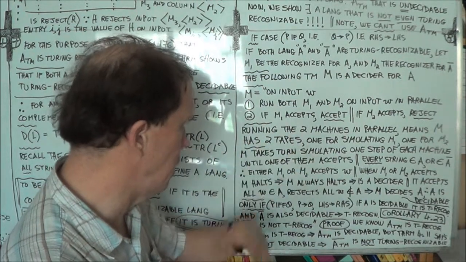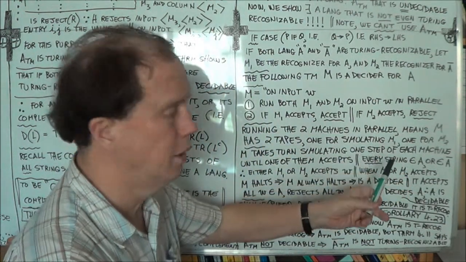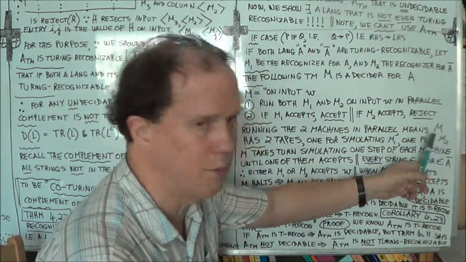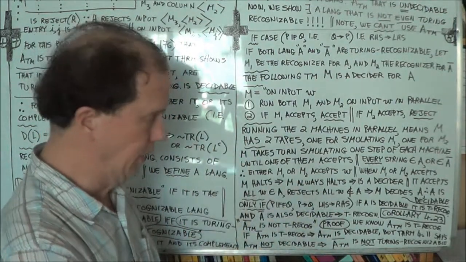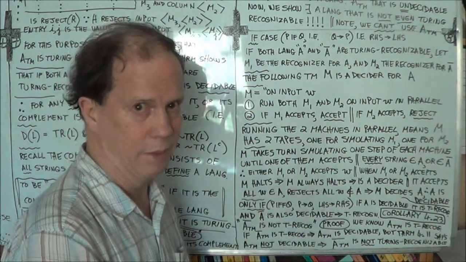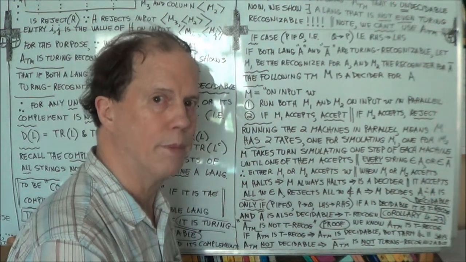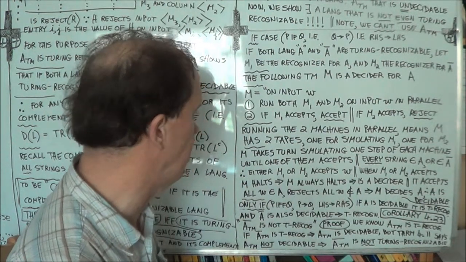And then M executes one step on machine M1, followed by M executing one step on machine M2, and it alternates. M1, M2, M1, M2, and so on. That's effectively what's meant by in parallel at the same time. So you've got these two machines going.